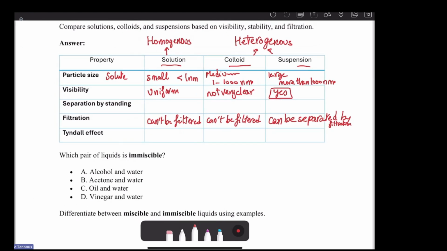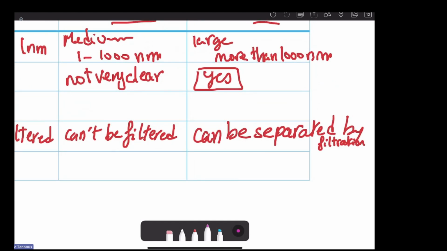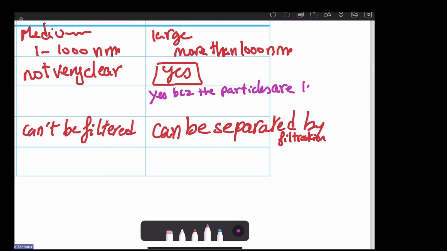Separation upon standing. The suspension is the only one that has solid particles, or that has the solute that is large enough to settle out. So it separates upon standing, yes, because the particles are large enough to settle out.